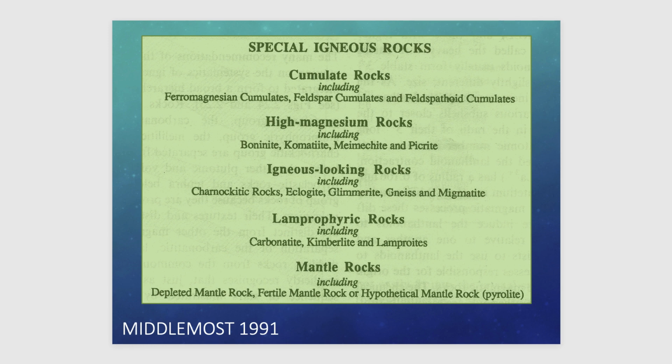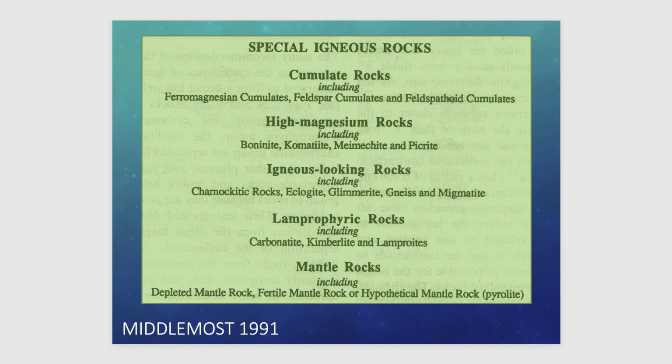And this represents a problem for the classifications that we have reviewed so far, because most of the classification assumes that you increase potassium, for example, with fractionation. Because of this, we have to discuss in this final part of the lecture a set of special igneous rocks. And these rocks are essentially violating this rule.